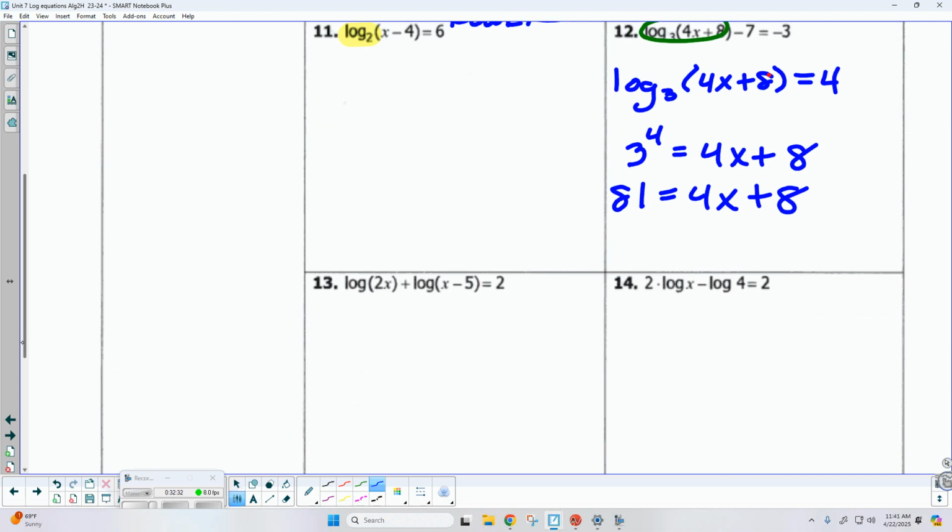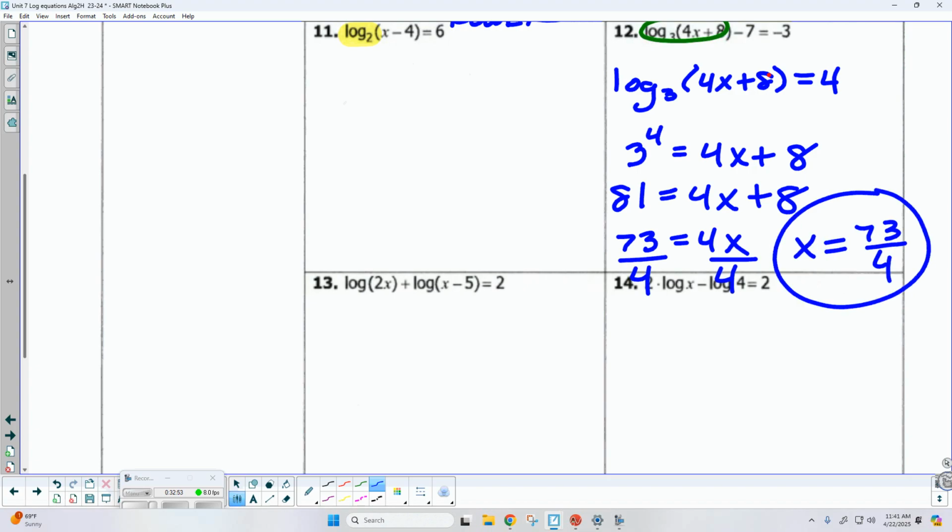Now I need an 81 minus 8. 73 equals 4x. And now what do I do? Now we divide by 4. So it looks like my answer is 73 fourths. And that's not a nice looking fraction, but it's perfectly fine to be an answer.